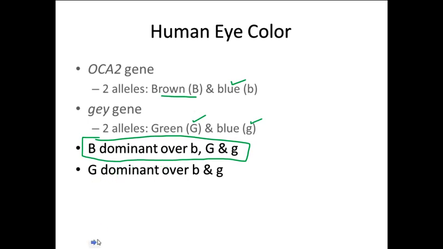And then in addition to that, the big G allele is dominant over the little b and the little g. So in the hierarchy, it goes big B, then big G, then little b and little g together.